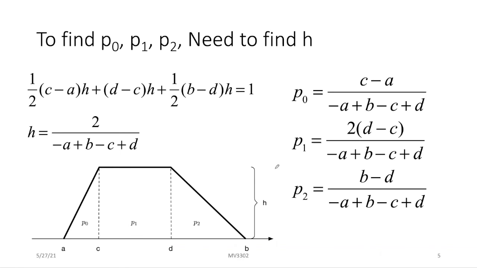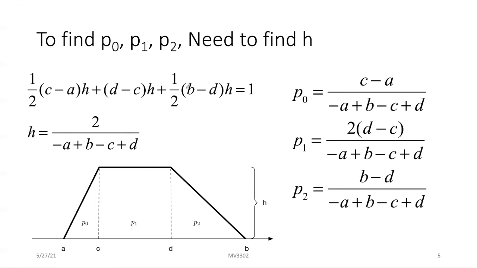If the height is h, and we don't know what that is yet, P0 is going to be 1/2 the base times the height. So that's 1/2 of (c minus a) times the height. The middle one, the area of a rectangle, is the base times the height, so that's (d minus c) times the height. And then finally, the triangle over here is 1/2 the base times what this height is.